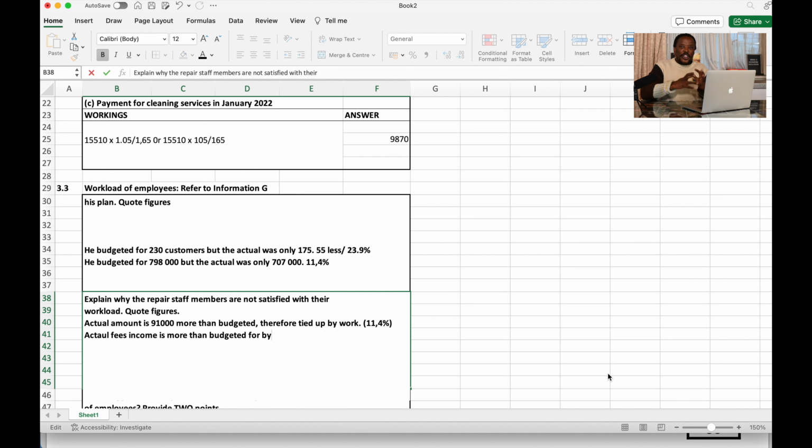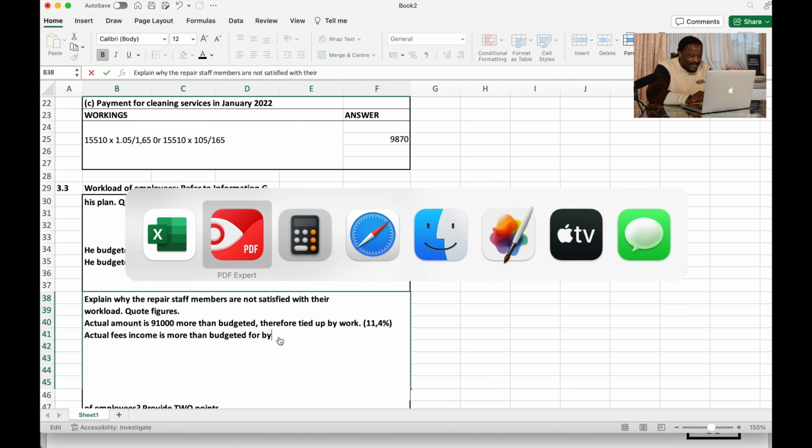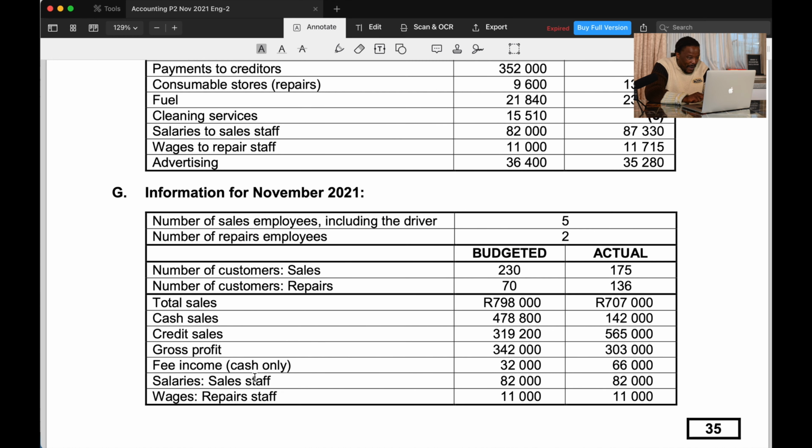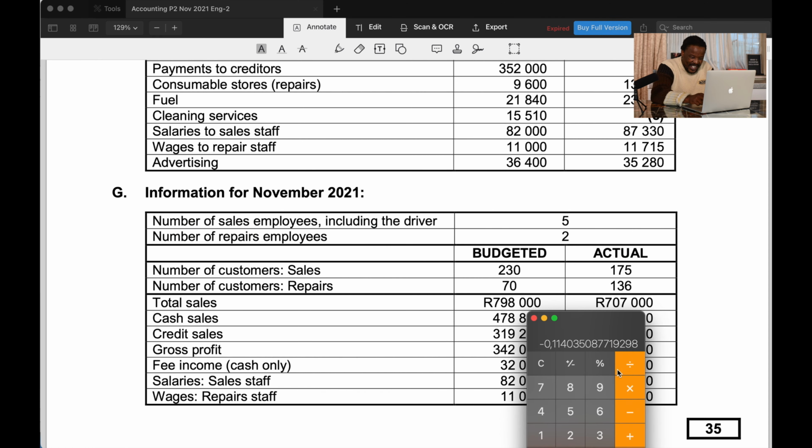I'm showing you angles, whether you mention it in this particular fashion or in that first point fashion, but quote those figures. Actual was budget. Actual fees, by how much? Fee income, 66,000 minus 32,000, by 34,000.